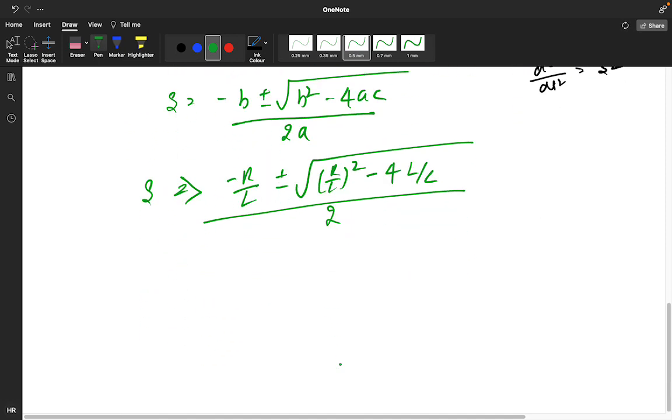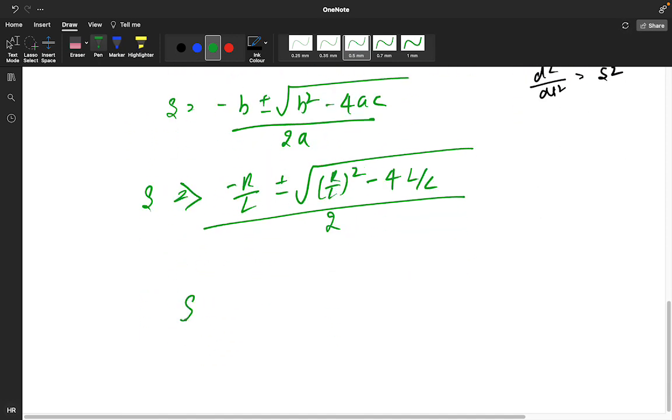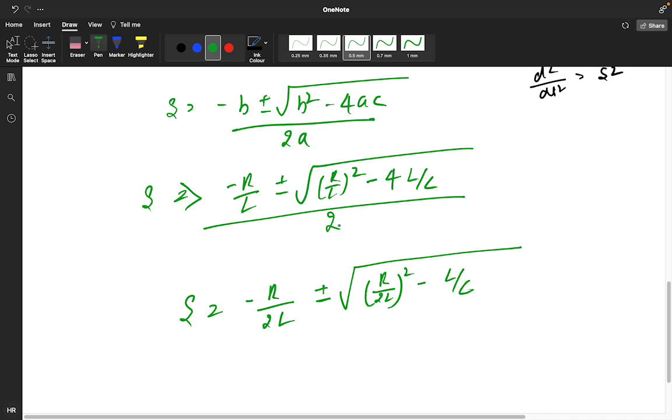So what you are getting, s is equal to minus R by 2L plus minus root under R by 2L the whole square minus L by c. If it goes inside the root, it will become 4. So that's why it's 2a square, and 4 gets cancelled out.